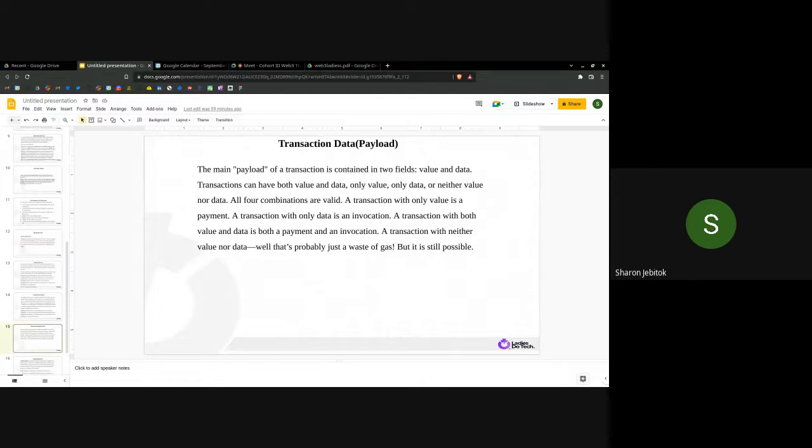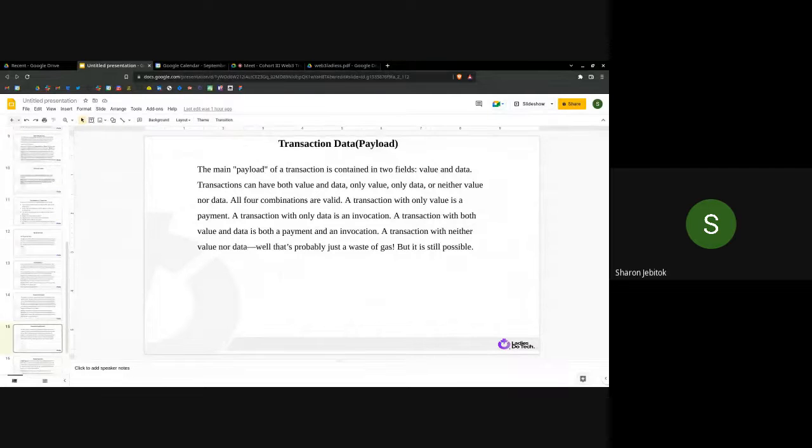When this field exists, it could have the data and the value, or it can have either of them. So all four combinations are valid. If it was taken as optional and nothing is there, it's still valid. If it has the two or either of them, it's still valid.